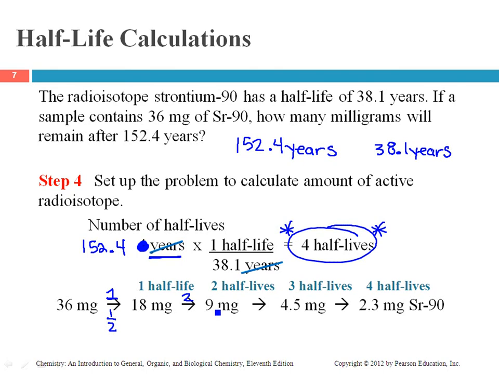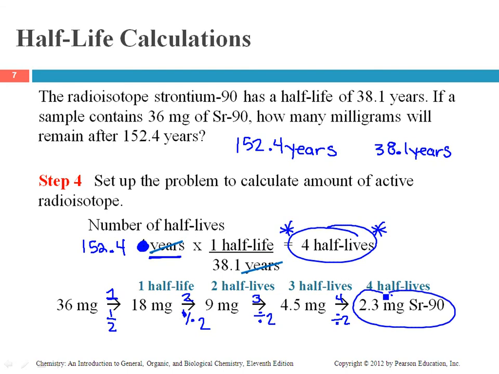That was our second half-life. If we divide 9 by 2, we get 4.5. So each time we're dividing by 2. We've gone 3 times, so now we have to divide 1 more time. We divide by 2 again, and we get 2.25 or 2.3 milligrams.